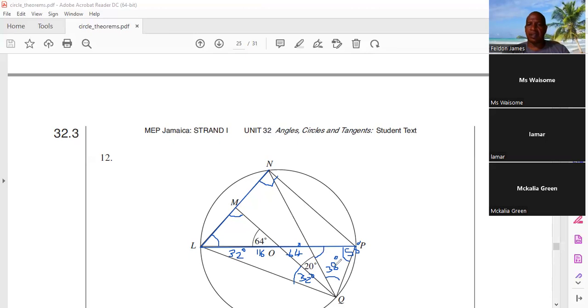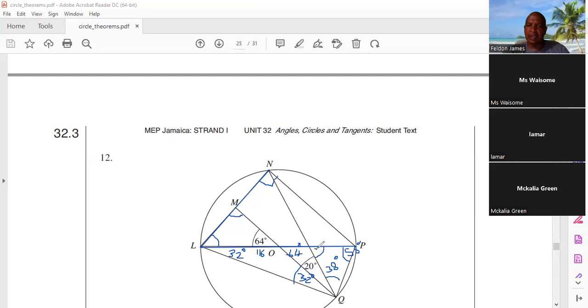Yes, sir. Because 58 plus 38 gives you what? Is it 58 right here, sir? Or 50? How much is there? 58 plus 38, that would be 96, sir. So here is 96. And the one from 96 right there is 84.